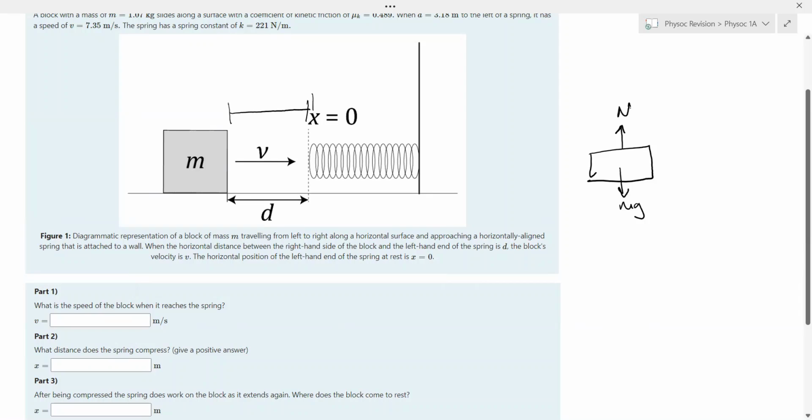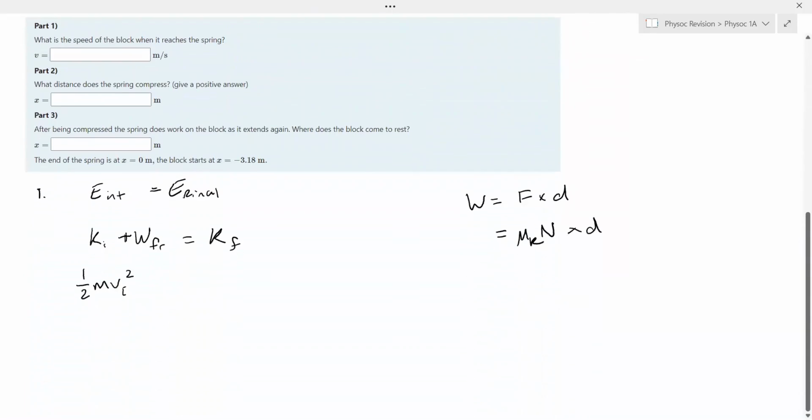There are no other vertical forces really. We can draw a little friction force there just for completion, but basically our normal force is just going to be our weight force. So our work due to friction is equal to mu k mg d.